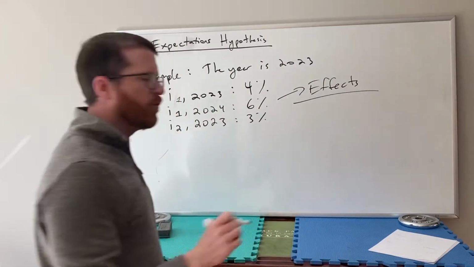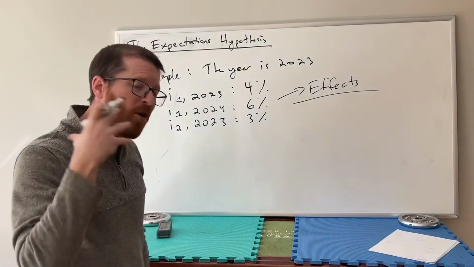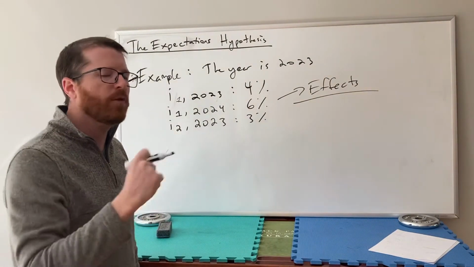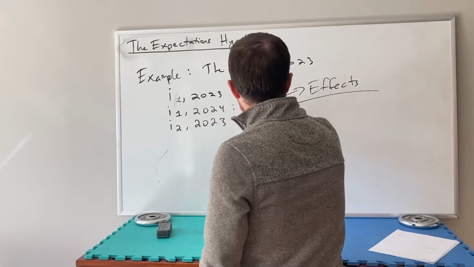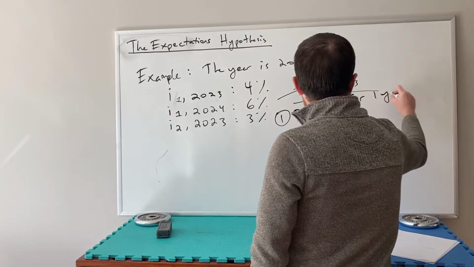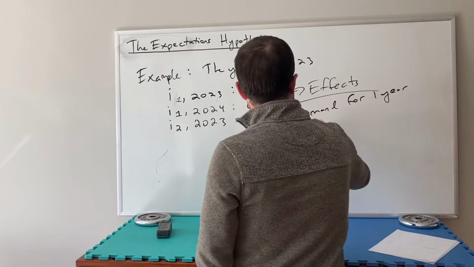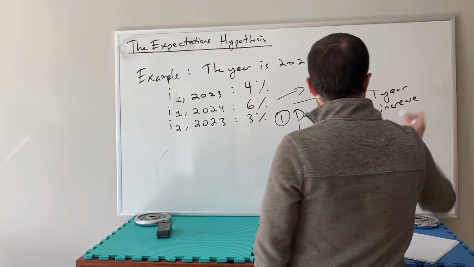If this was truly occurring, and everyone really could look into the future, if we have that all-knowing ability to see what's going to happen to interest rates in the future, the effects are, one, the demand for one-year bonds would increase. All right?